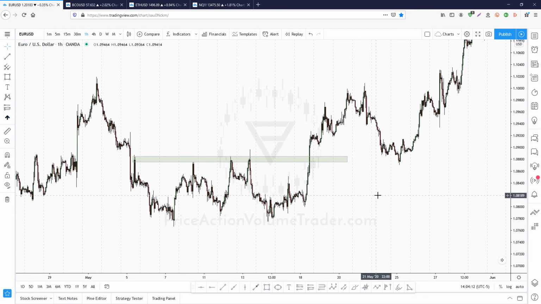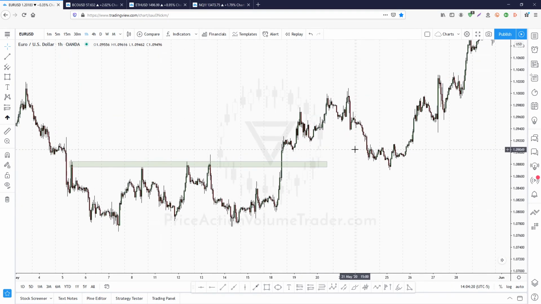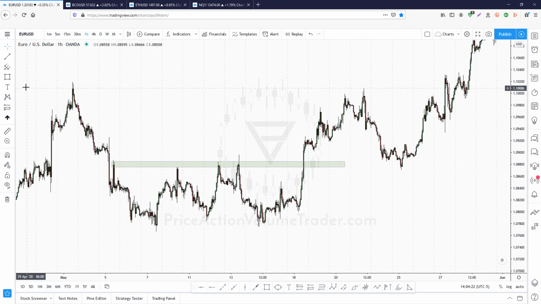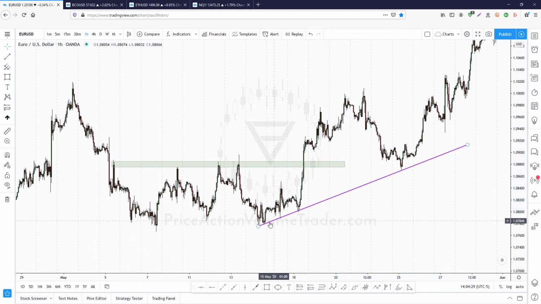In this case, we have 4 times strong resistance, a very clean break on the 1 hour chart. Market structure is now shifted up. We even have a very nice trend line here, with 4 touches, and price shoots up.